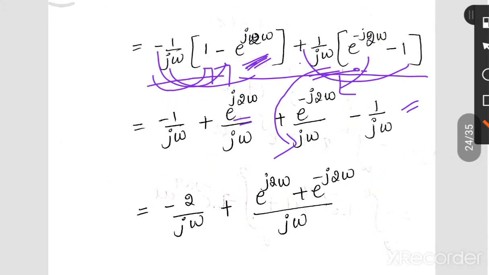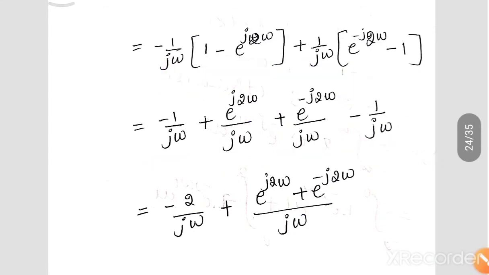So minus 1 divided by j omega minus 1 divided by j omega will be minus 2 divided by j omega. So then the second factor is these two, that is e raised to j2 omega plus e raised to minus j2 omega divided by j omega.